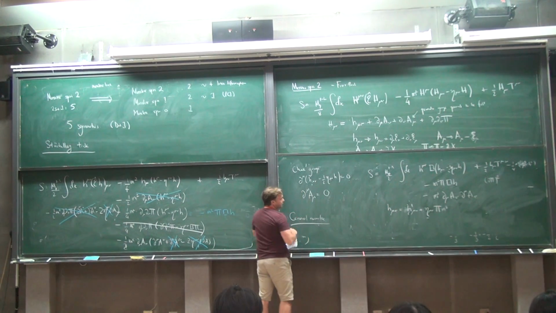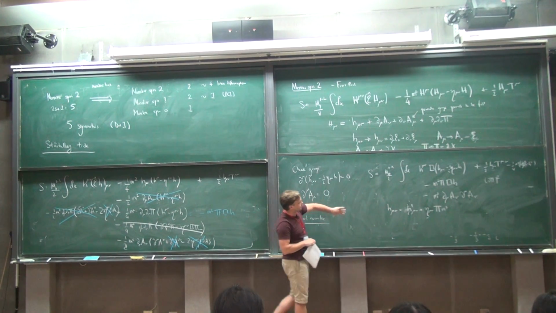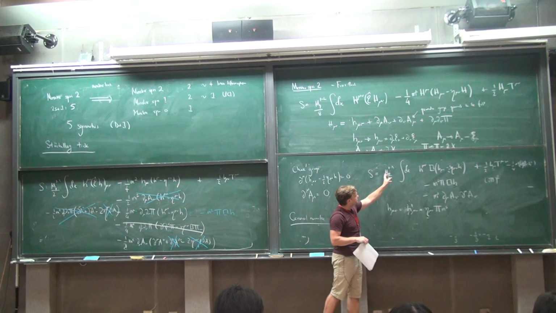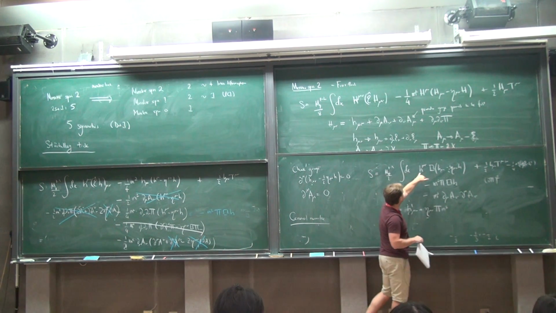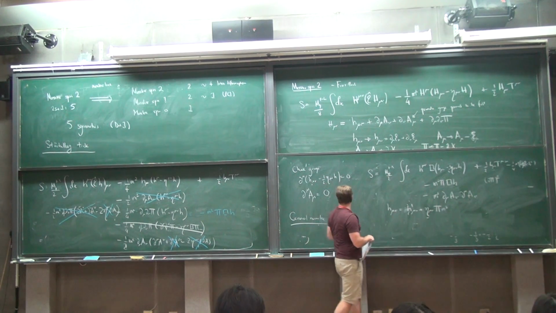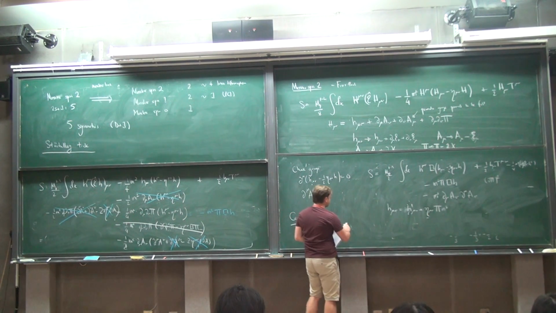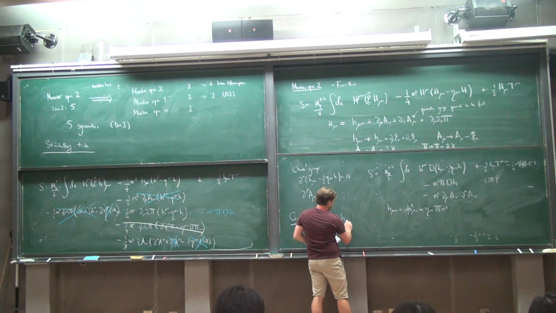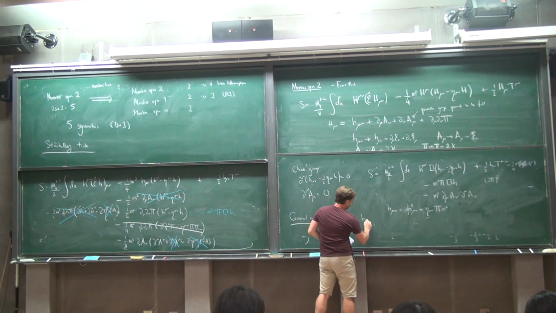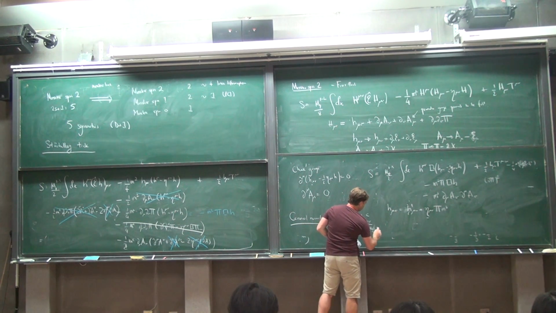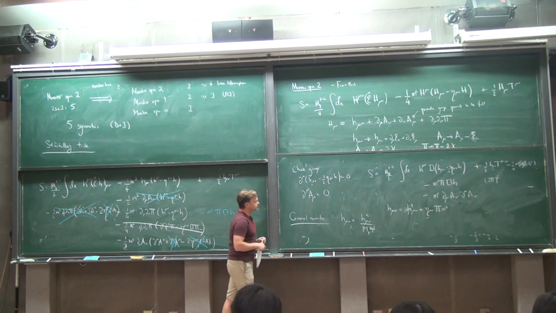So what I'm going to do is canonically normalize the kinetic terms by doing the standard redefinition. This is the spin 2 part, its coefficient is the Planck mass. So the canonically normalized fluctuation is obtained by dividing by m Planck to the d minus 2 over 2 in d dimensions.